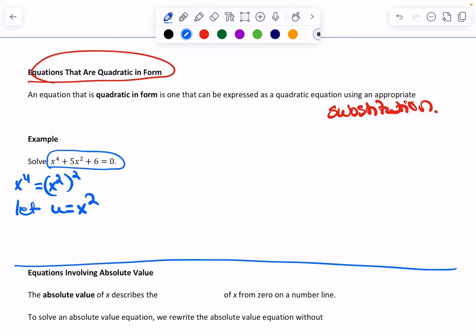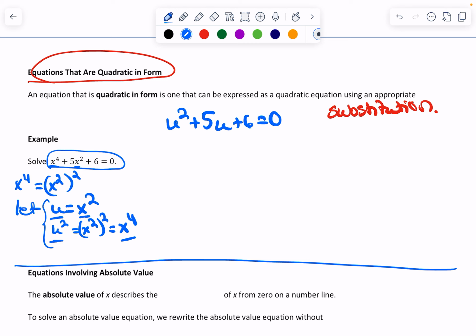This means that u squared is x squared squared, which is x to the power 4. So we're going to substitute the u's in there. Instead of x to the power 4, we use u squared, which is the same thing. So u squared plus 5, and x squared is u, so 5u plus 6 equals 0.